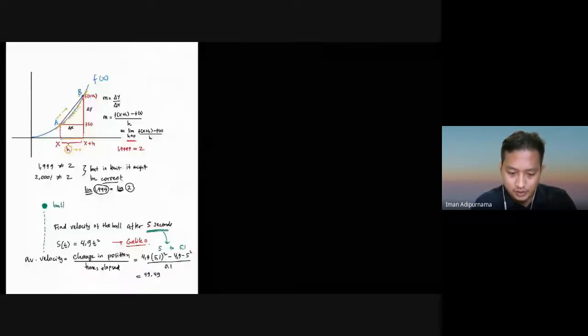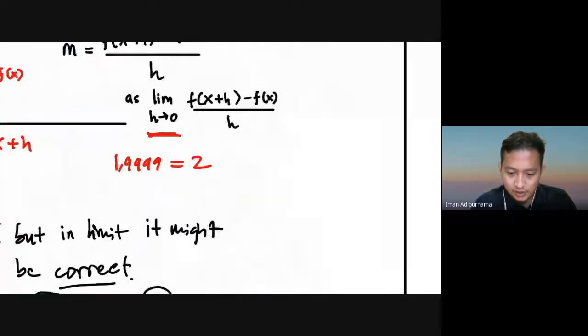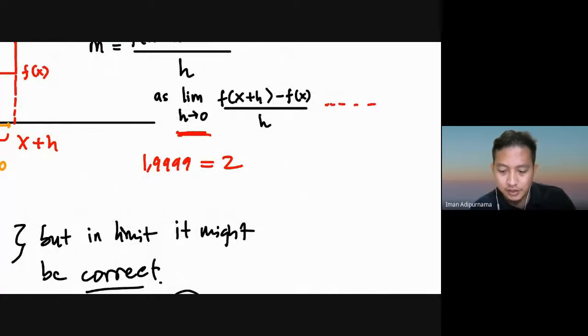Let me go back here. This part here still continues, but I will continue this later. This is the part that you are familiar with, right?